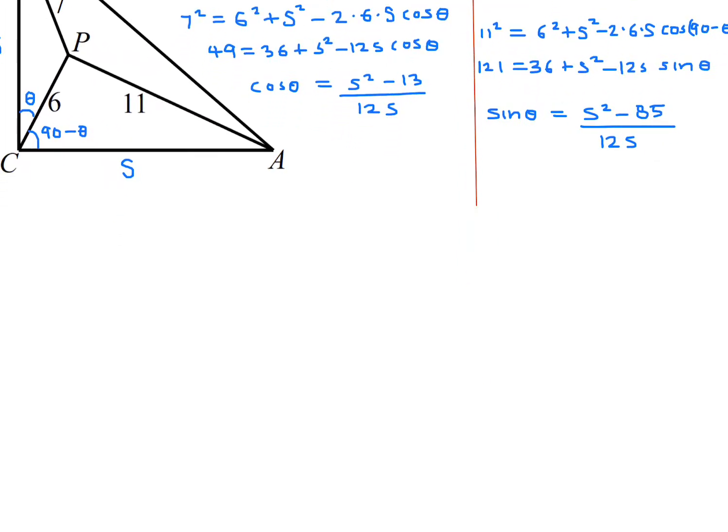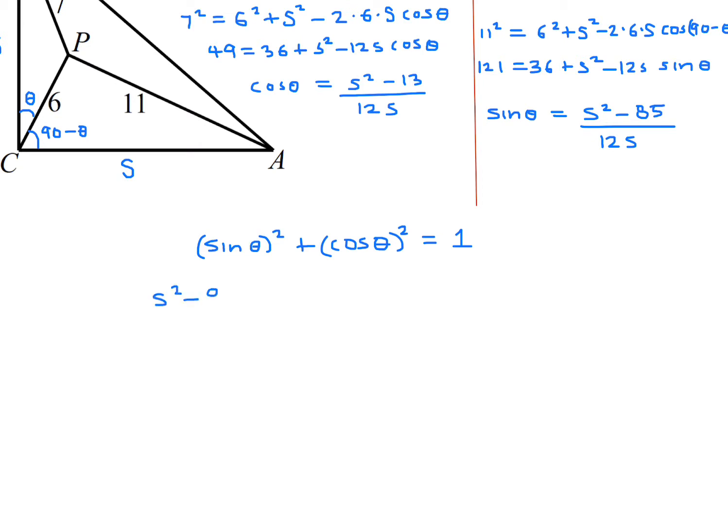So we've got two very important relationships here. Now I hope you remember that sine squared theta plus cos squared theta is equal to 1. So that is the fundamental principle that we have to use. Cos theta we know, sine theta we know, at least in terms of s, so let's substitute them in.